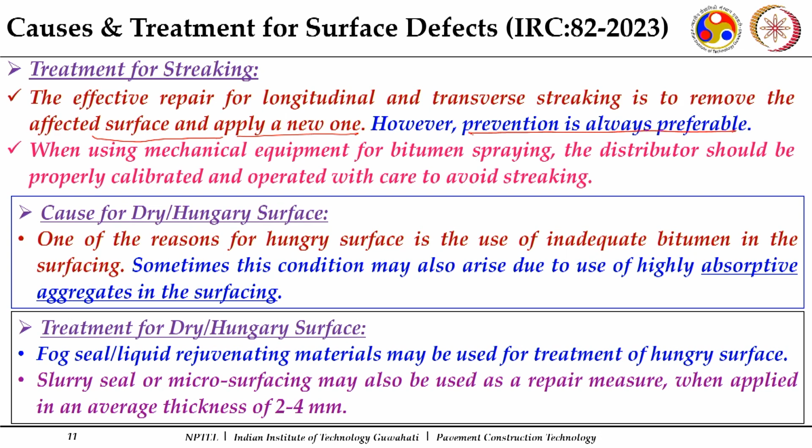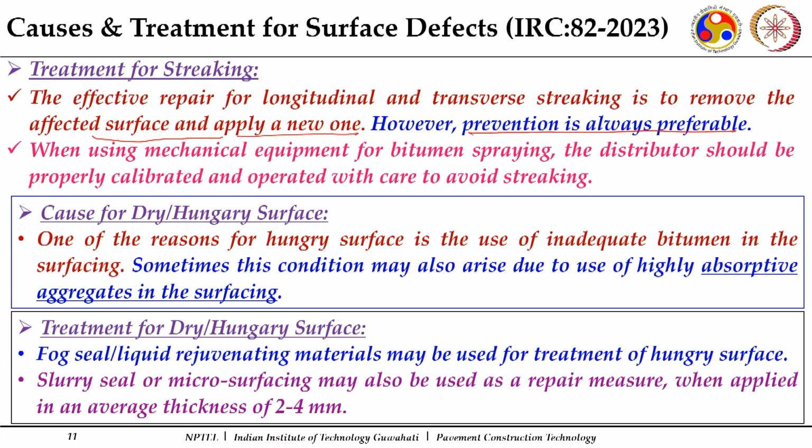Whenever bitumen distributors come for an application of a tack coat, or in case of surface dressing the bitumen application, one needs to ensure that the correct quantity of binder is applied. Correct quantity means how much quantity per unit area is required, and that needs to be properly controlled. We need to look into the temperature, and the grade of the emulsion which has to be used for that particular application.